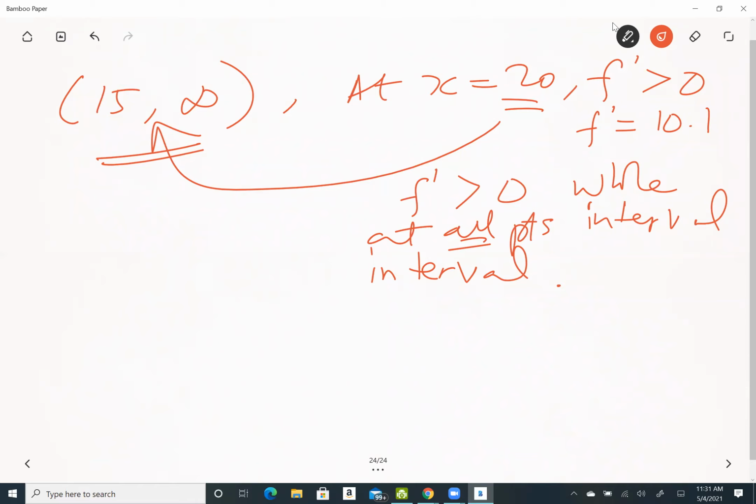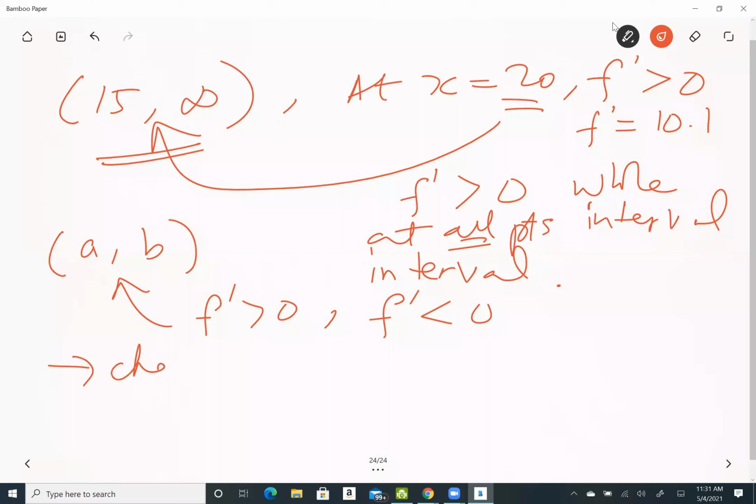That means the f prime for the whole interval will be positive. What I was saying is that for one interval, say A, B, it's either f prime positive for the whole interval or f prime negative. How do we know? We need only to check one point, just like a test point.